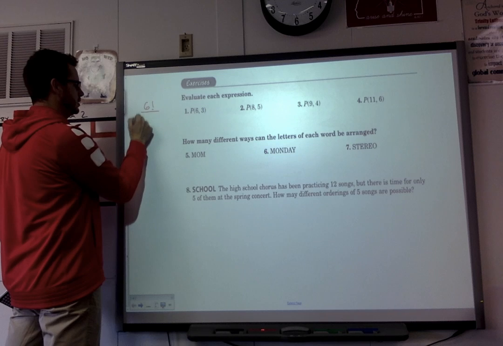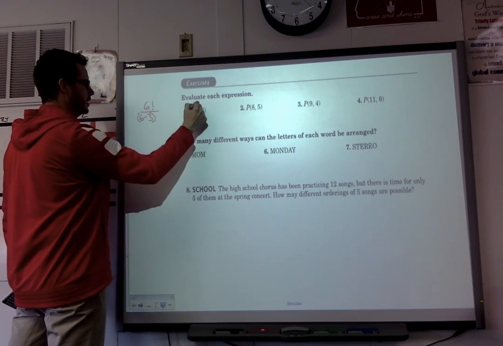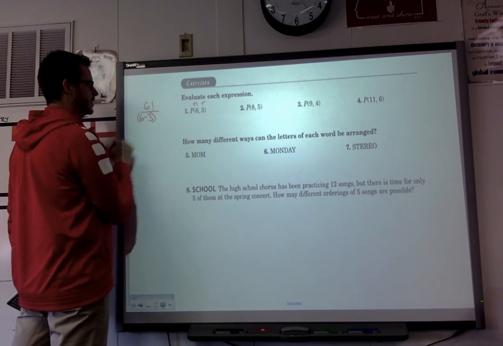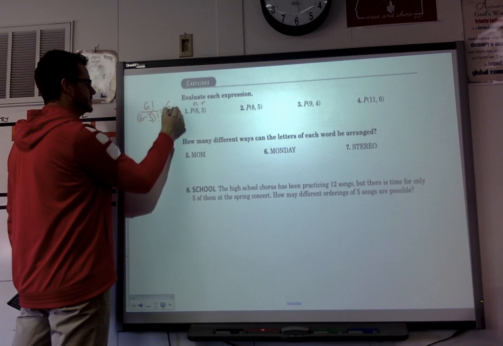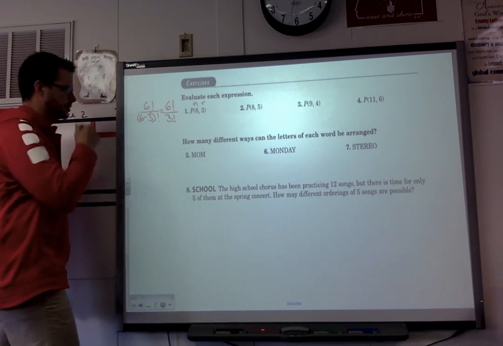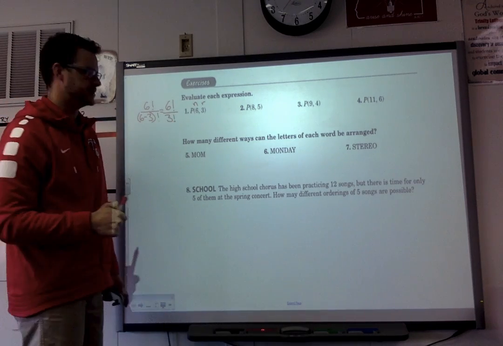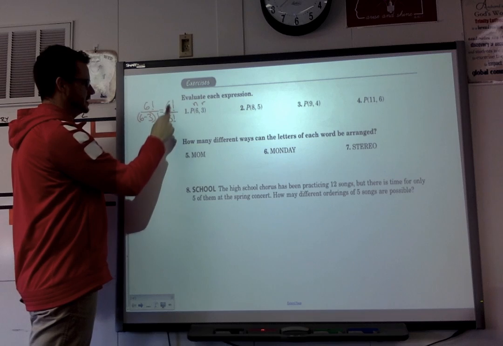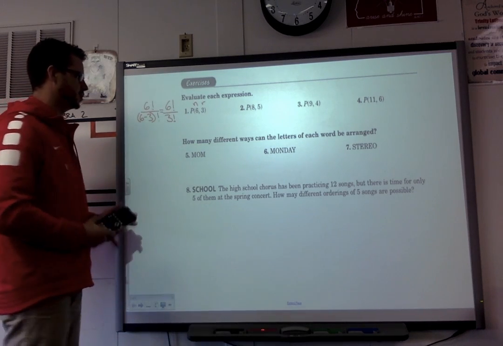So n would be 6 minus r, which is 3. Again, first number is your n, second number is your r. So that would become 6 factorial over 3 factorial, which then the 3 and smaller cancels itself out, so this would become 6 times 5 times 4, which would give us 120.